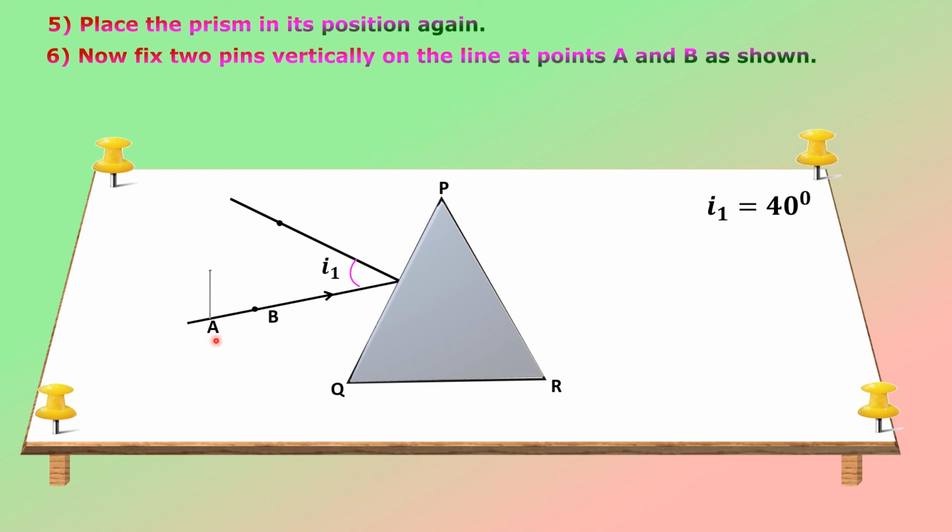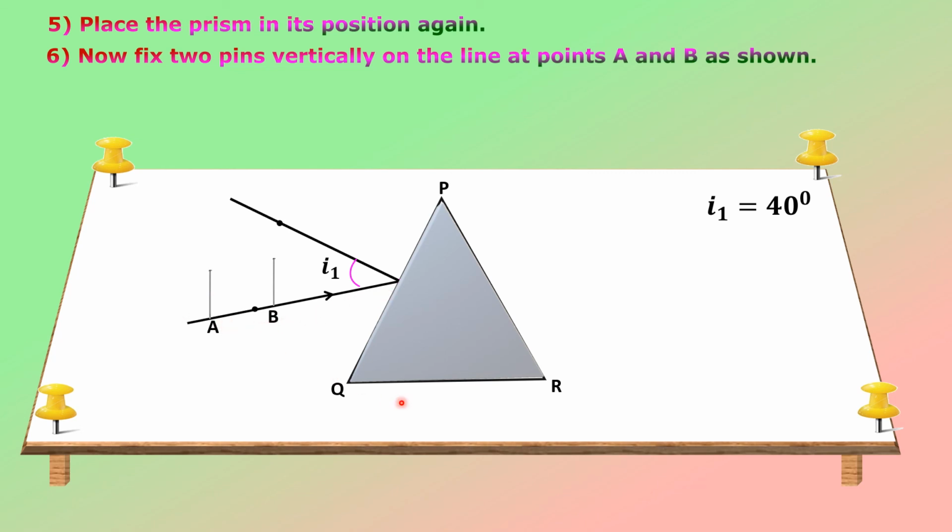This is the first pin I have fixed, and the second one. So these are the two pins I fixed on the incident ray at the points A and B.